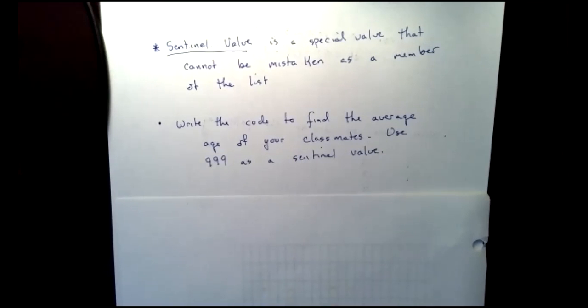You ask an age, somebody types in 23. I need to add that to total because I'm going to find the average age. But I'm also going to have a counter that keeps track of how many students there are. So that after I'm done entering all the ages, I need that total age divided by the number of students so that I'm able to find the average.